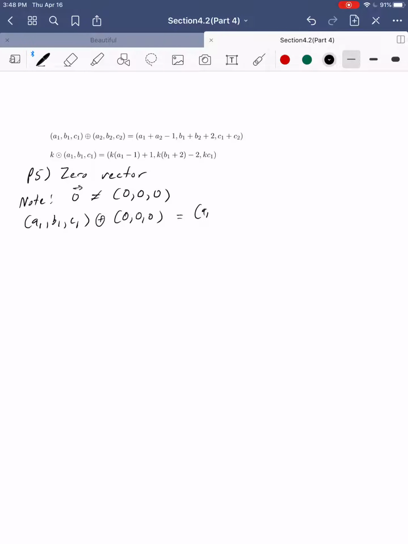You get A1 plus 0 minus 1, B1 plus 0 plus 2, and C1 plus 0. And your result is A1 minus 1, B1 plus 2, C1. So you can tell here that if you use the traditional zero vector, that is not the zero vector under this non-standard addition. So how are we going to find that zero vector?